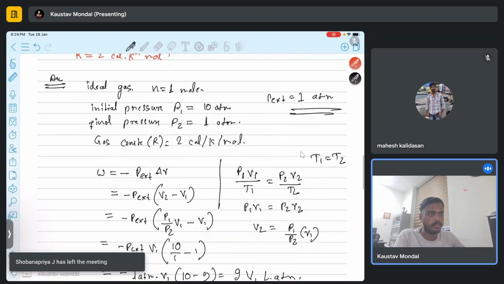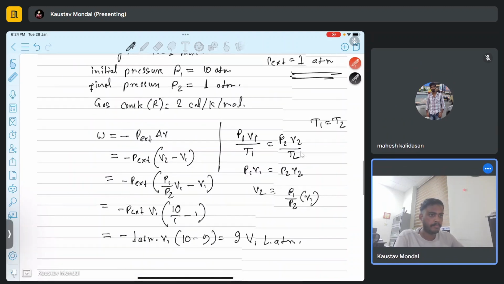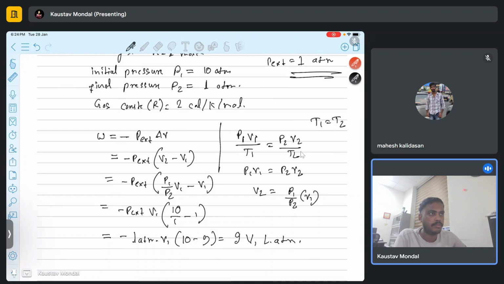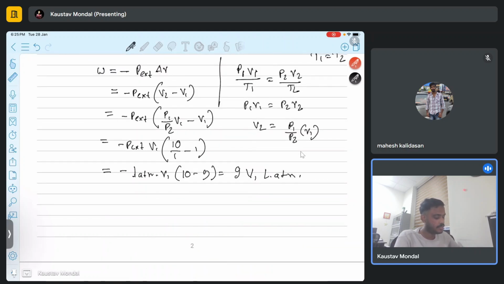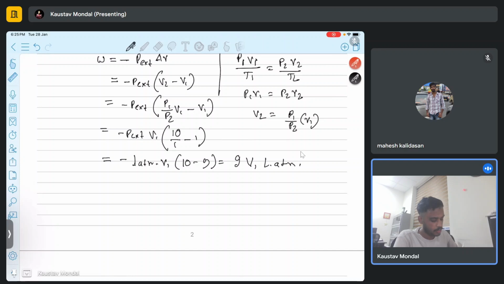Now in the problem, we have to calculate the energy. So we have to convert this liter atmosphere unit into an energy unit. The options in the problem are given in calories.